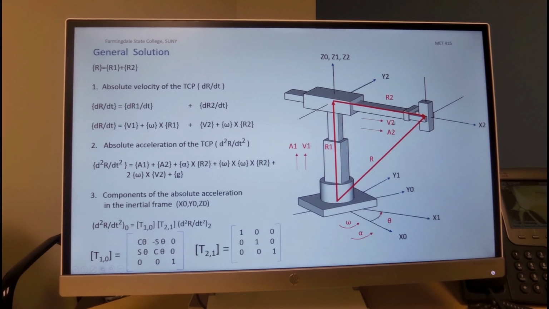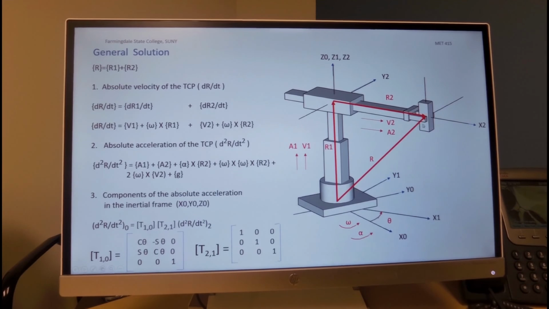Then finally we have the gravitational acceleration in the minus z2 direction. It will have a magnitude of 9.8 meters per second squared, and the direction is going to be a unit vector in minus z2.